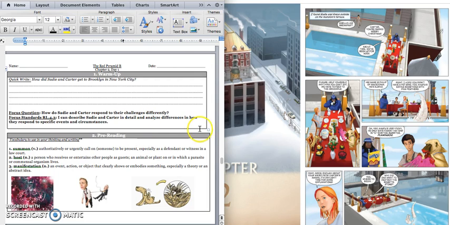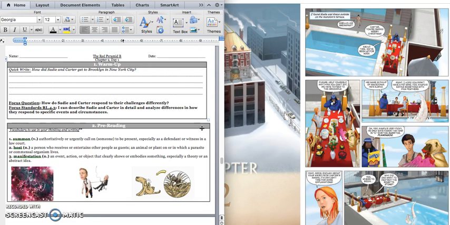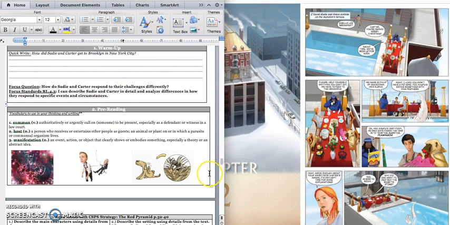The standard we're going to be looking at is being able to describe Sadie and Carter in detail and analyze their differences.